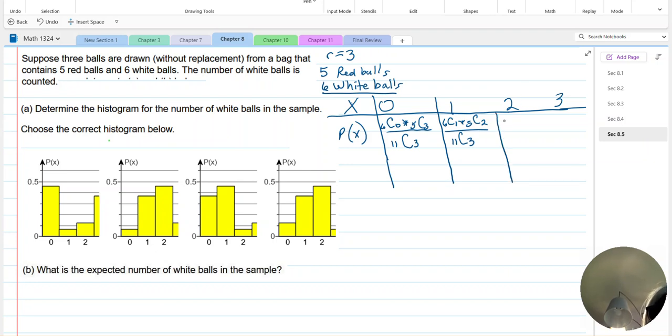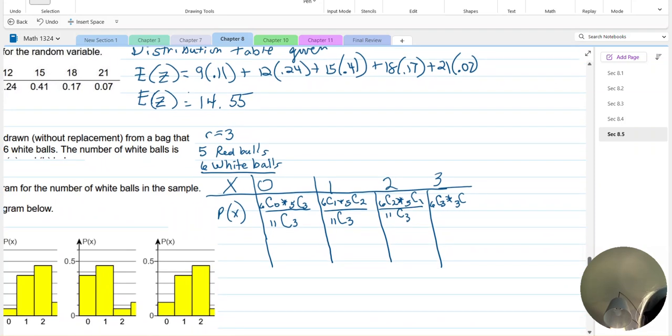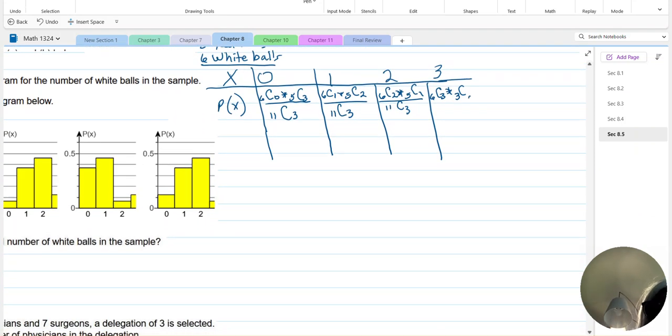Our third one, for 2 white balls, is 6 choose 2 times 5 choose 1, all over 11 choose 3. And then here we have 6 choose 3 at last, and 5 choose 0. Sorry about that. Divided by 11 choose 3.